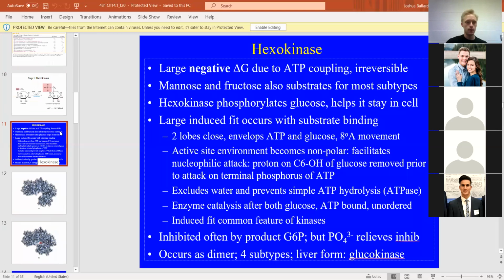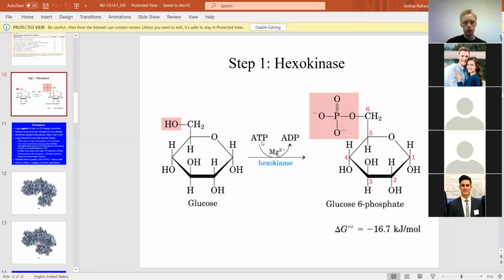And it does this because it uses this ATP and this magnesium ion. This magnesium ion stabilizes the phosphoryl groups on ATP. So it allows those to be stabilized so that one of its phosphoryl groups can then detach from ATP and then bind to the 6 carbon on glucose.